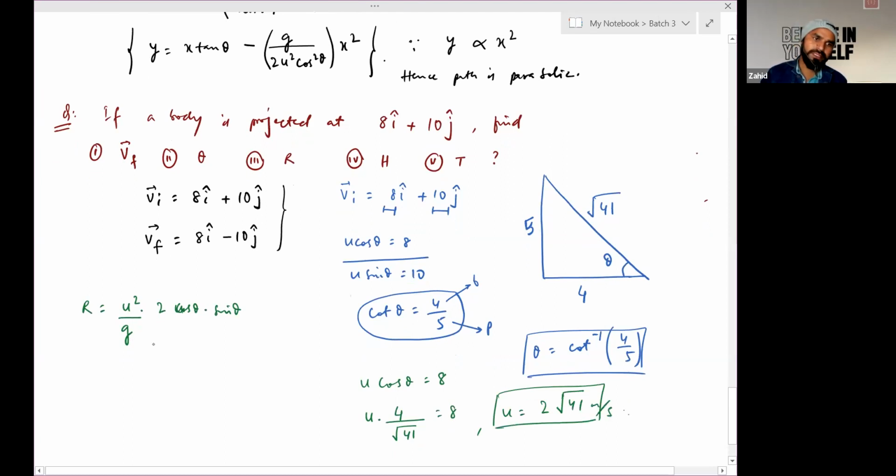Put this value in the range formula. So u square will be 2 root 41 into 2 root 41 times 2. Cos theta is base over hypotenuse, so it will be 4 divided by root 41, and sin theta is perpendicular over hypotenuse, so it will be 5 divided by root of 41, whole divided by gravity, which is 10.